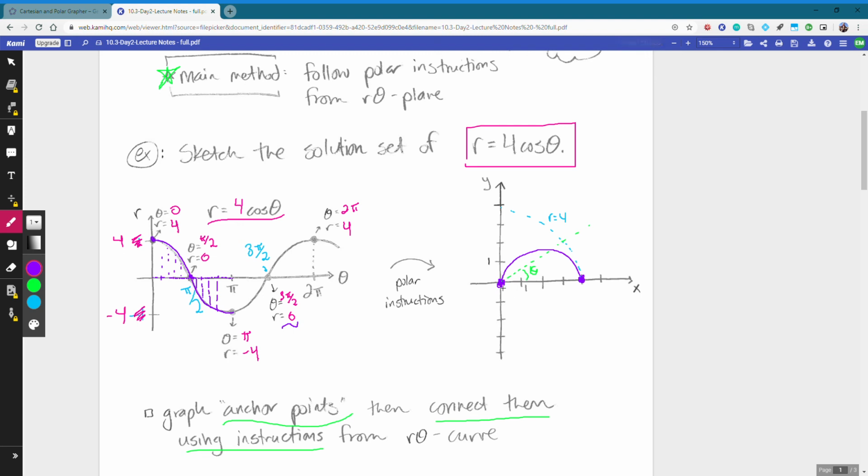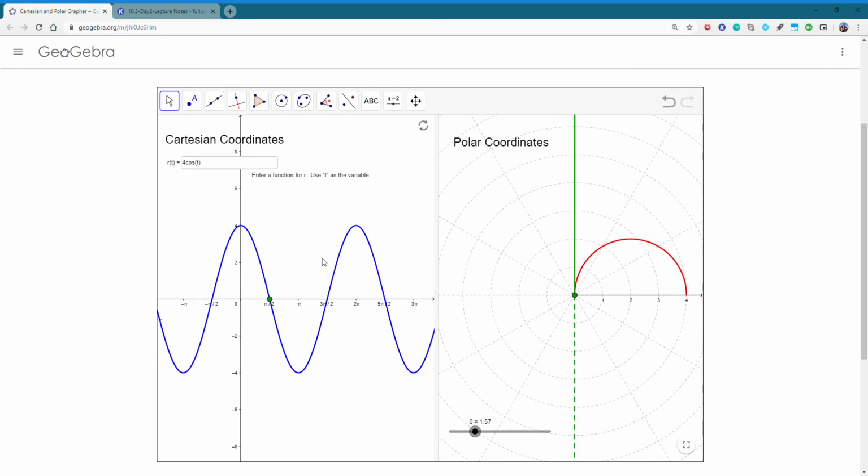If we put this information together, it's kind of hard to come out the opposite direction just with the mouse here on the screen, but we're going to get this traced out, and we'll wrap back around. Let's look at the interactive. So here, as we increase theta from pi/2 to pi, our r is getting more and more negative.